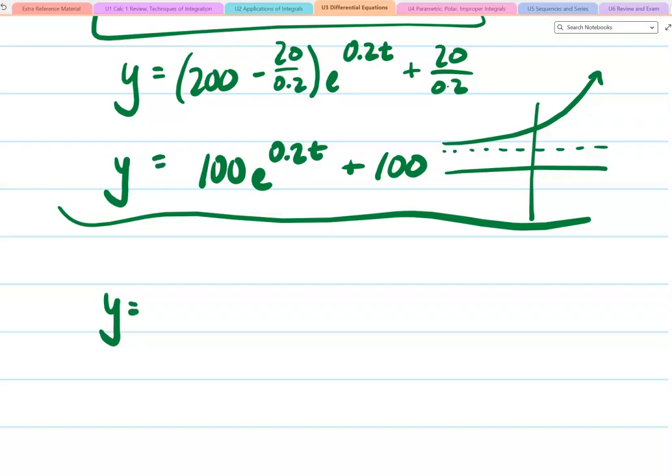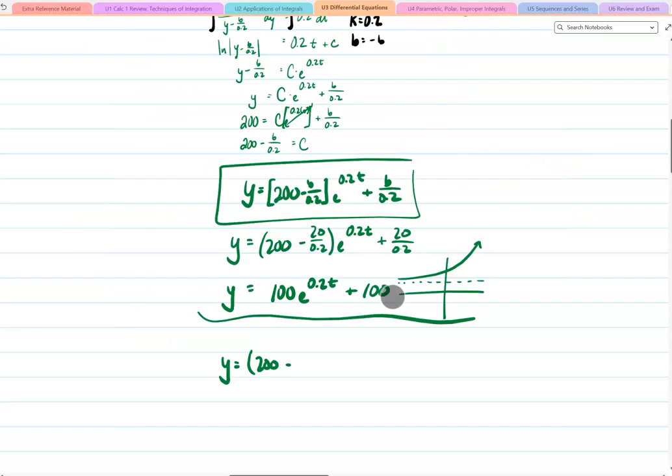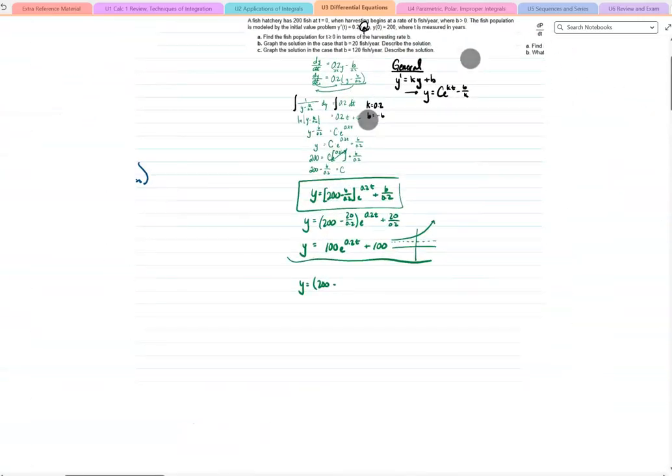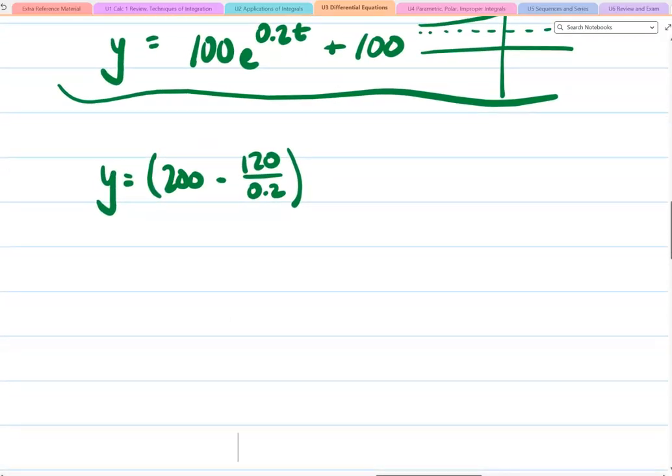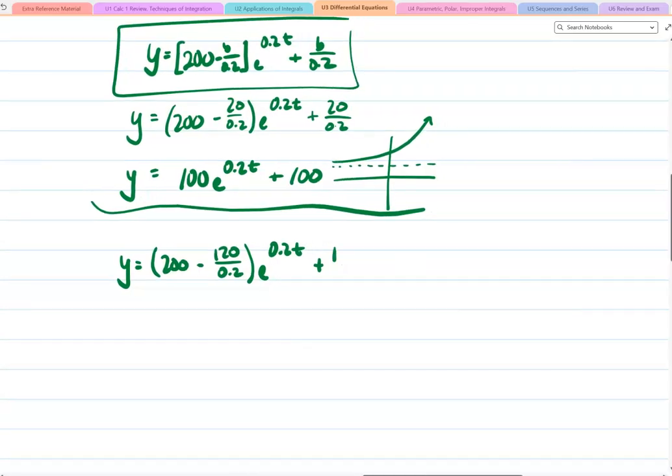We can't say the same though in part C, because in part C I think we're harvesting something different. We're harvesting 120 fish a year. So this is now 120 over 0.2 times e to the 0.2 t power plus 120 over 0.2.